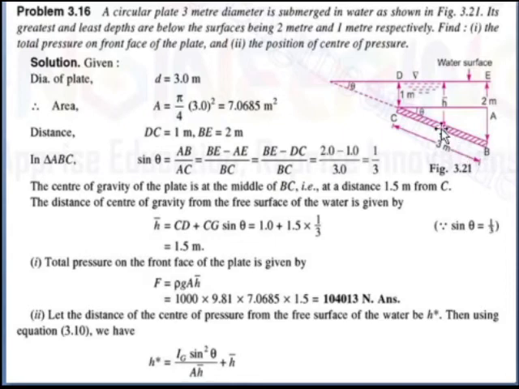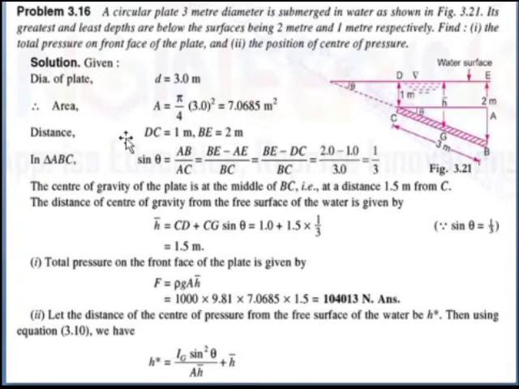Then the area of this plate: it is a circular plate, so the area is equal to pi by 4 d square, that is pi by 4 into 3 square, which is equal to 7.0685 meter square. Then distance DC they have already given in the example, and BD is equal to 2 meter.